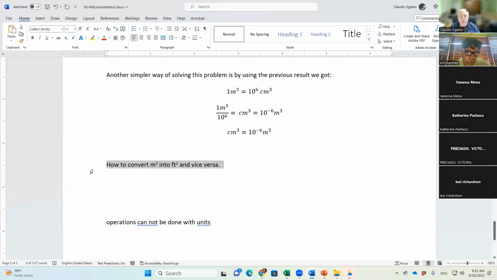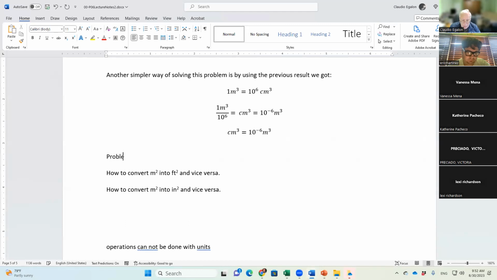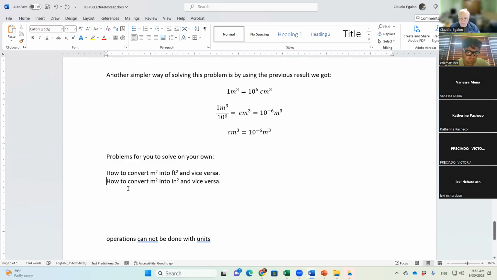How to convert square meter in terms of inches square, and vice versa. Try to do that on your own, right? And if you have any questions, here are problems for you to solve on your own. How to convert meter square into feet square. How to convert meter square into inch square.